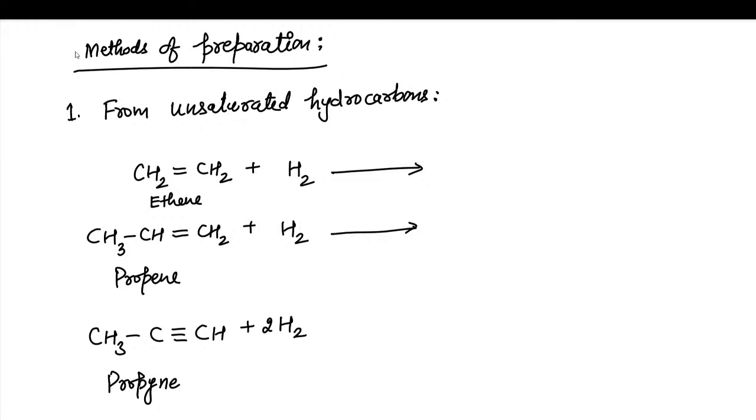This is a process of addition of hydrogen to an unsaturated compound in the presence of a catalyst, and the catalysts are nickel, platinum or palladium. In all the cases, these are the catalysts used. Hydrogen is added, and the pi bond is replaced by sigma bonds.